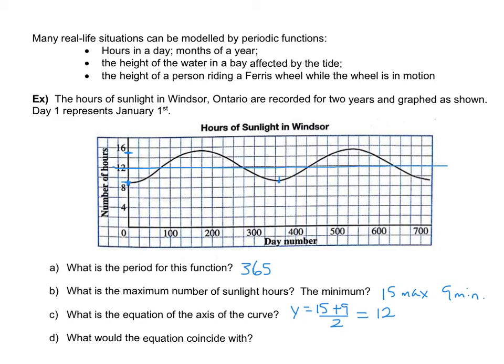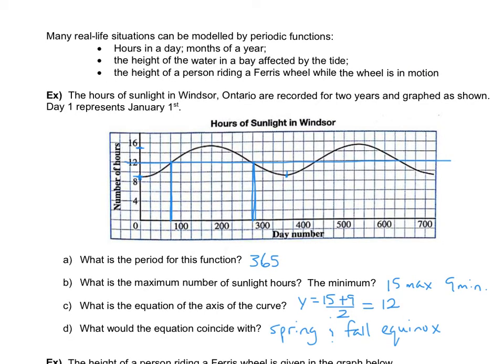What would that coincide with? So that equation would coincide with the days on which we have an equal number of sunlight hours to dark hours. So if you think of what we call those, we think of those as our equinoxes, the spring equinox and the fall equinox.